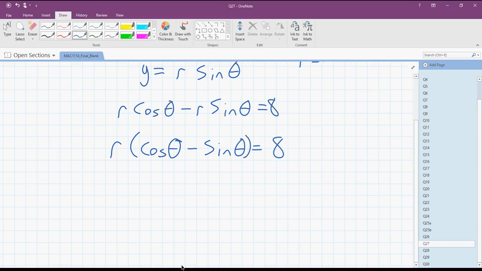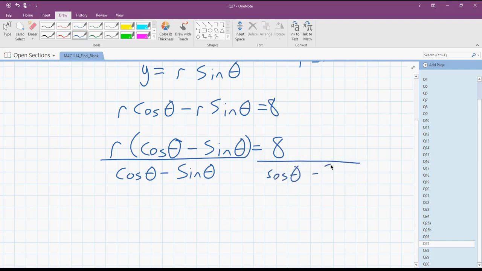And then now we can do your idea, Tatiana, that you wanted to do. Now we can divide by the cosine minus sine theta. And that's your answer. So that right there is your answer. r equals 8 divided by cosine theta minus sine theta. That's your r. Cool, cool?